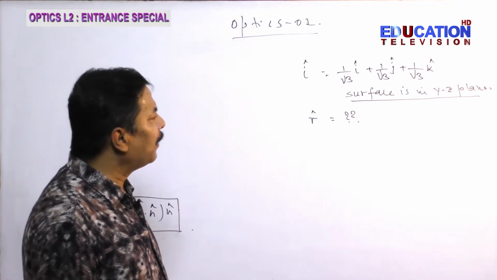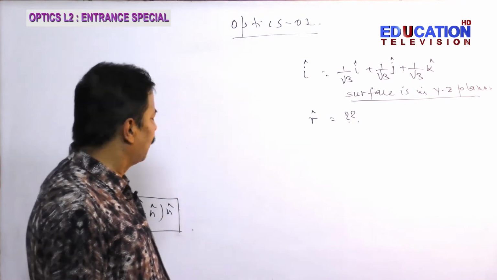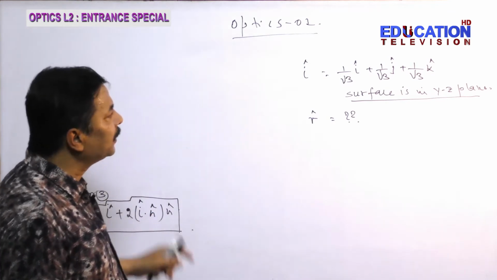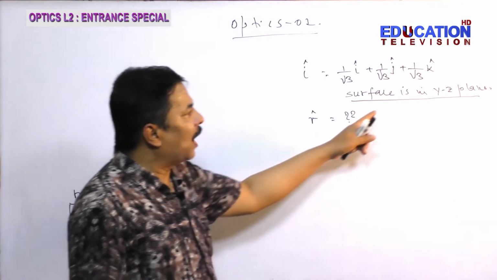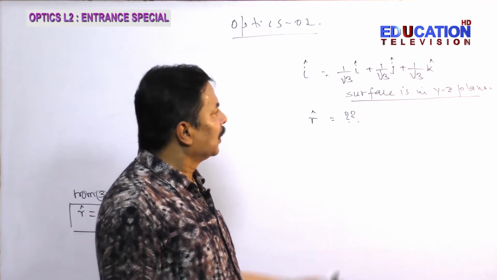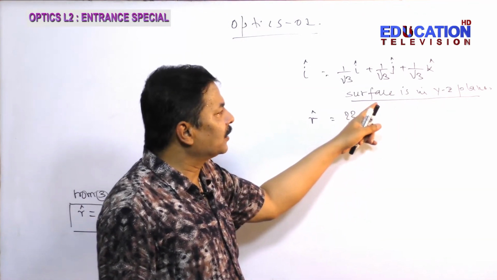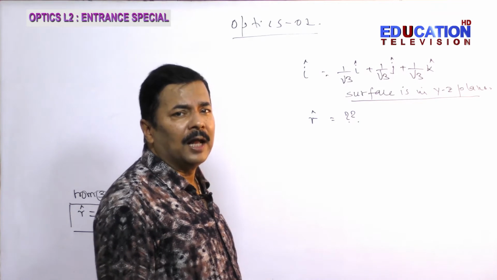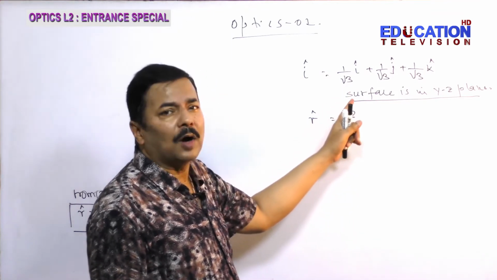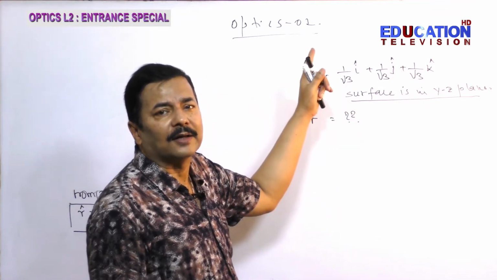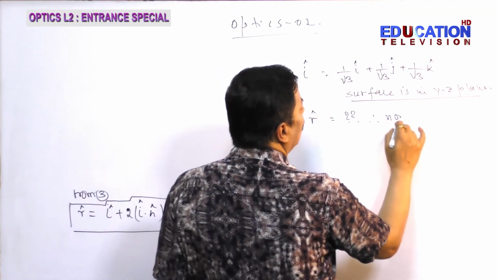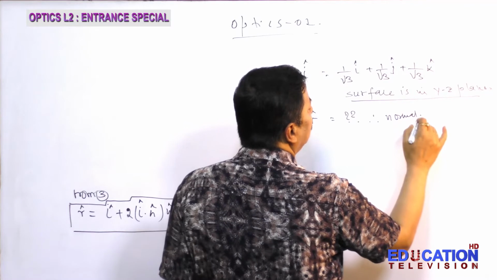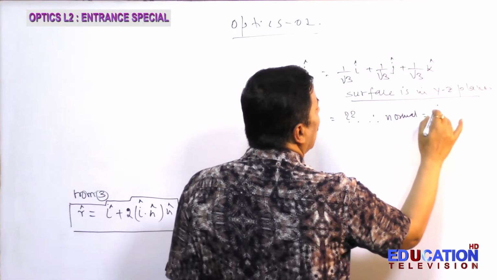Now here you have to understand very carefully. I will apply the same concept. Here you have to first understand the normal. Now you see, the yz plane is there. When the surface is the yz plane, the normal is towards the x axis. So therefore the normal is along i.